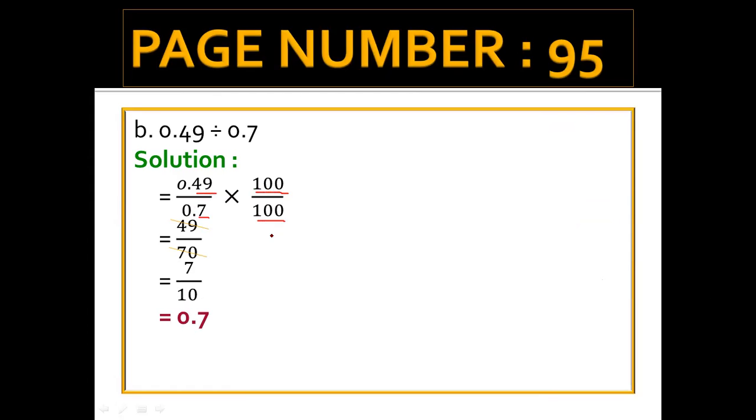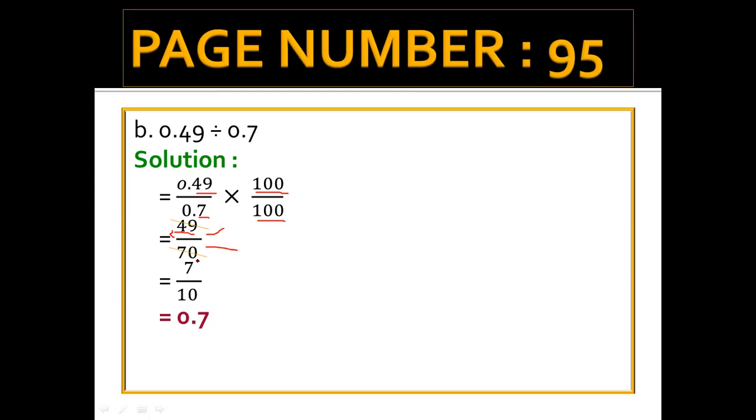0.49 over 0.7 multiplied by 100 over 100. You can't do 100 over 10, because we multiply and divide by the same number. So you multiply by 100 and also divide by 100. When you multiply 0.49 by 100, according to the rule there are two zeros, so 4 jumps two columns from right to left and it becomes 49.